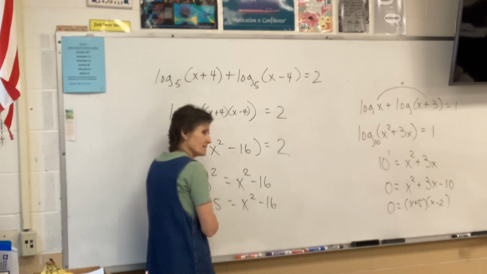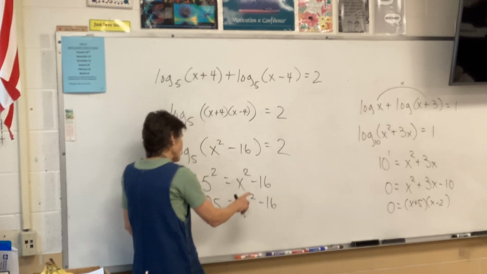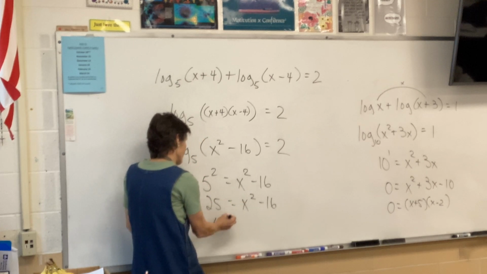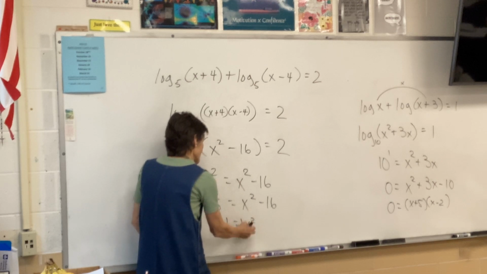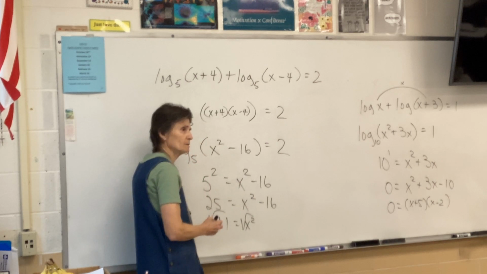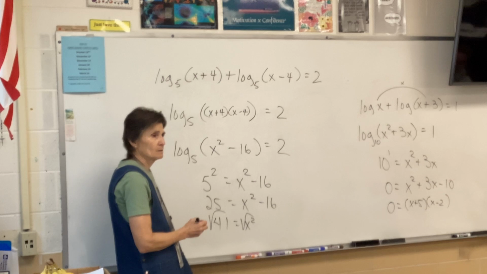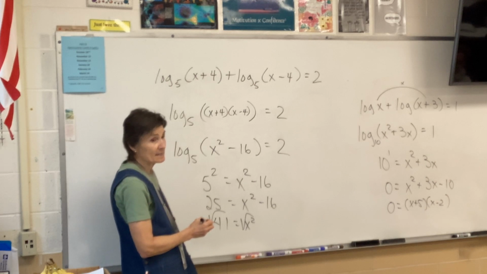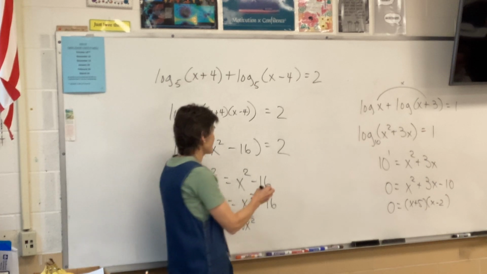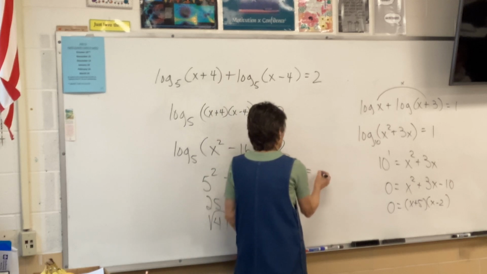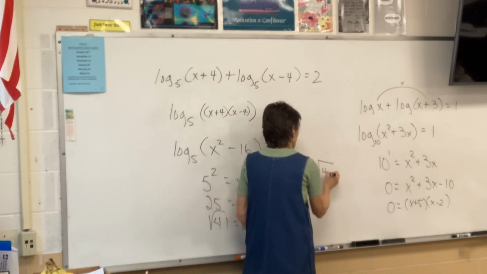I can solve this a couple different ways, but how about if I just add 16 and take the square root? Will that work? Pretty handy and easy. So x equals the square root of 41.